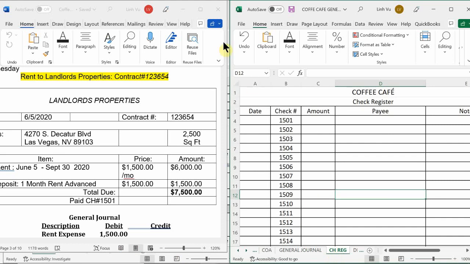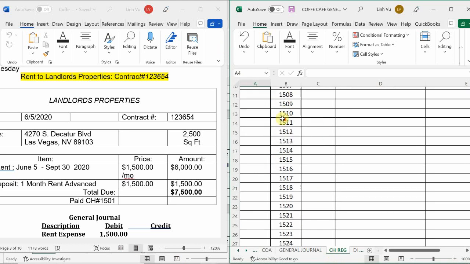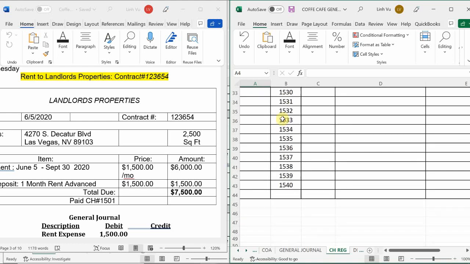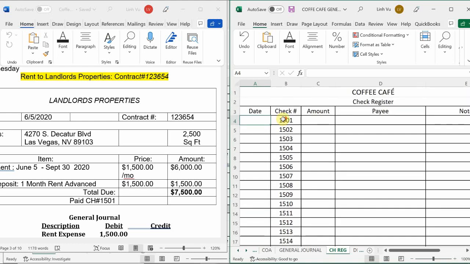Excellent, right? My check starts at 1501 and we have all the way to 1540, right? We have 40 checks available to write. So in this case, what's today's date? Today's the 5th, excuse me.